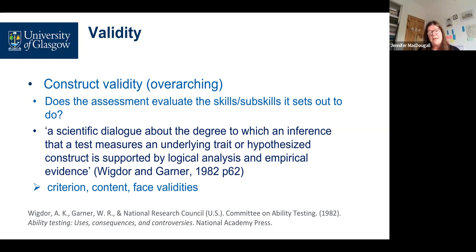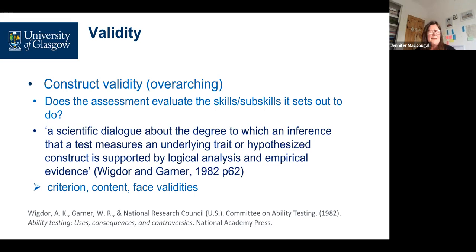And there are different types of validity, apparently. There's face validity, which I've always wondered about. Face validity is, you know, it looks like a horse, it drinks like a horse, so it is a horse. It's how the assessment looks to the stakeholders. Does it look as though it assesses what it's supposed to assess?